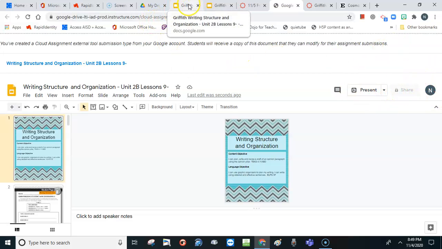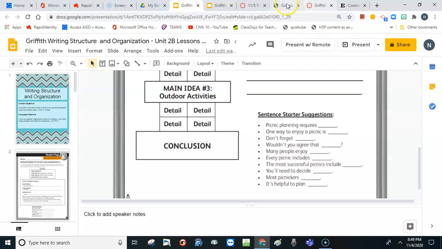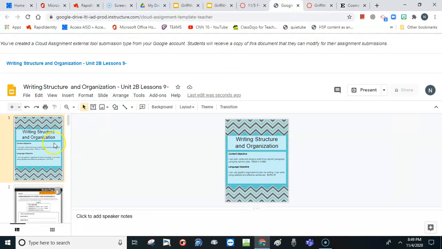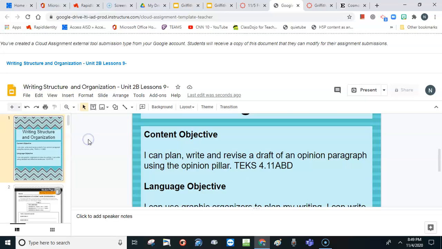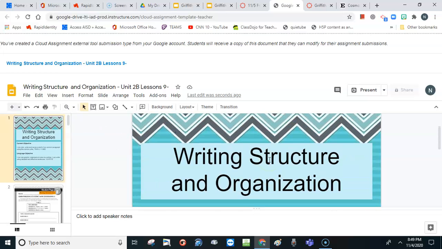Okay, so I'm going to make it bigger. There's a couple of ways that you can make it bigger. You can use Zoom, or the drop-down menu next to the zoom magnifying glass, and click on 100 to make it bigger. You can also click on the title.